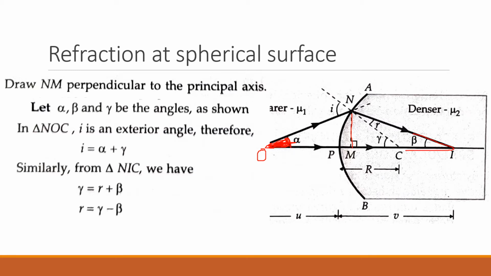Let us consider this angle as beta, and this angle as gamma. Okay, let us draw these three angles, your alpha, beta and gamma.